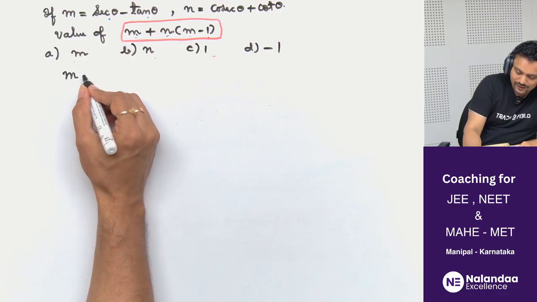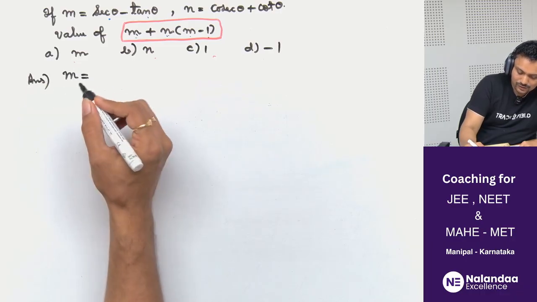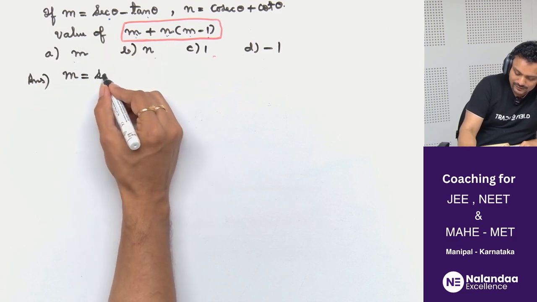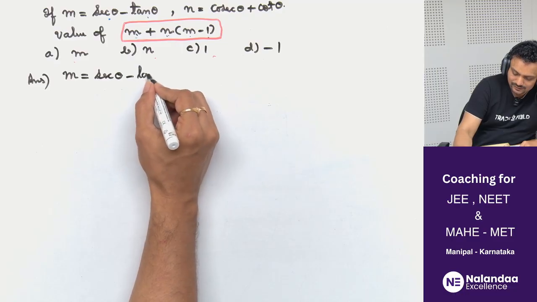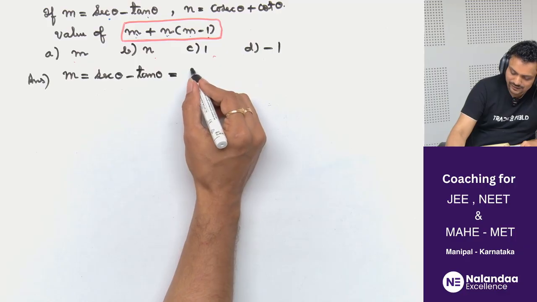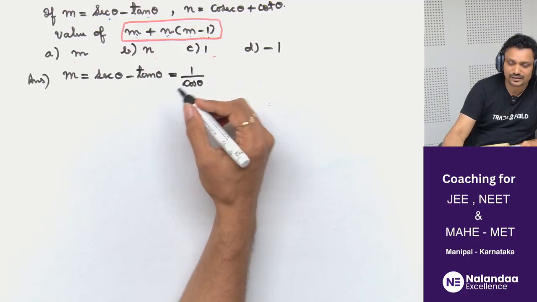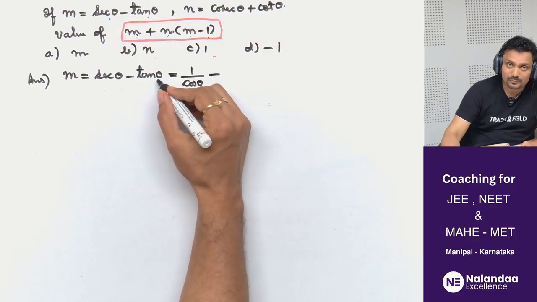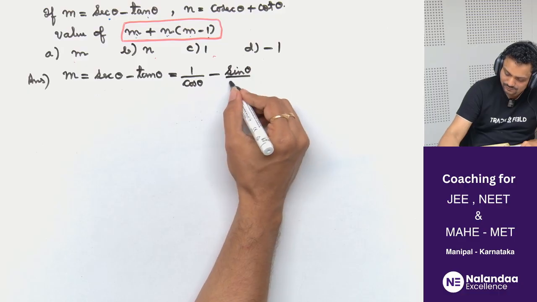So let me start my answer here. I will take m as given, secant theta minus tan theta, and let me write secant theta as you know, secant theta is 1 by cos theta, minus tan theta as sin theta by cos theta.